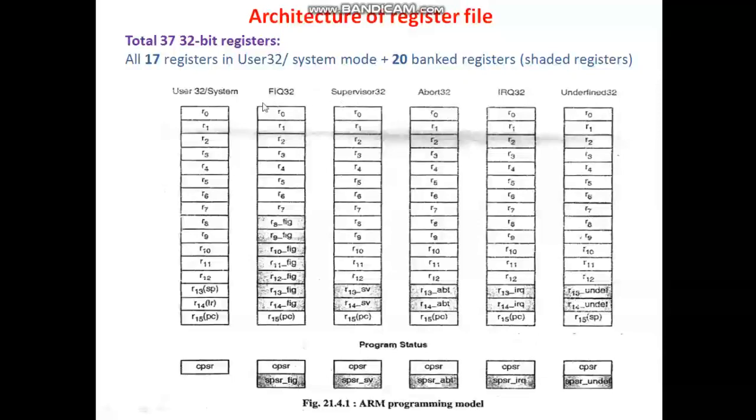But in a given mode of operation, only 17 registers are visible in user mode, 16 plus 1, and in every one of the remaining modes there are 18 registers: 16 plus these 2. So that's how the register file is implemented, and only a certain set of registers is visible to the programmer and accessible by the CPU in the given mode of operation.